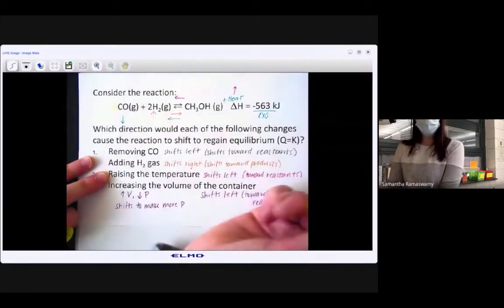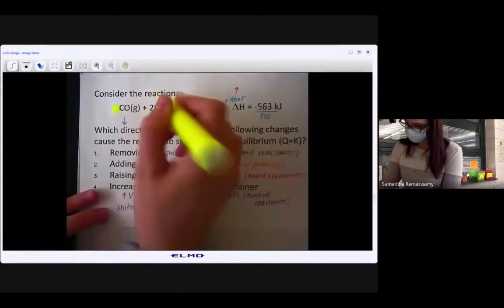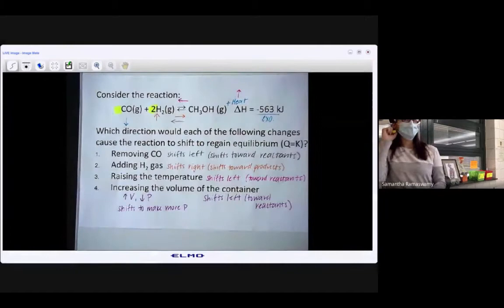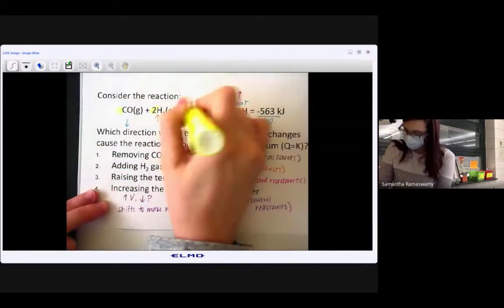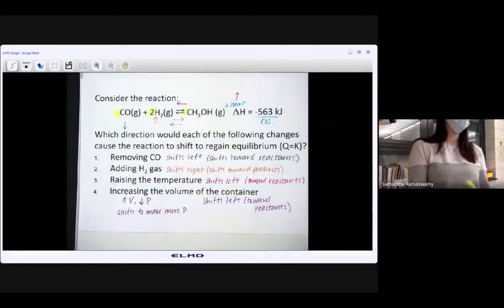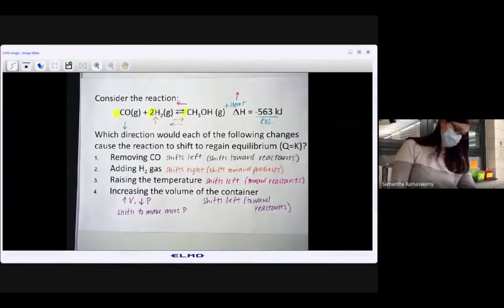Here, there's 1 CO and 2 H2, so that's 3 moles of gas on the left. The coefficient in front of CH3OH is a 1, right? If there's nothing there, it's a 1. So there's 3 moles on the reactant side and 1 mole on the product side. So you're just looking at coefficients in that case.